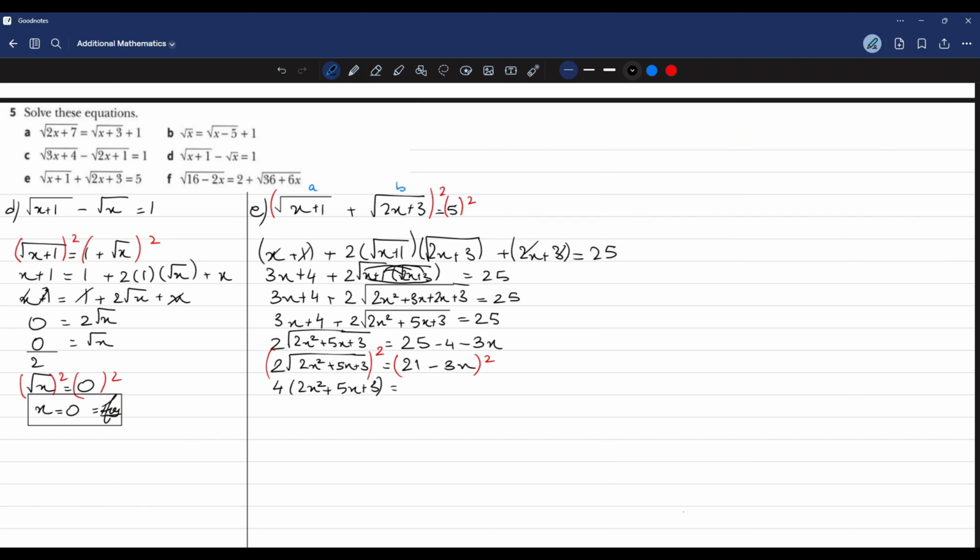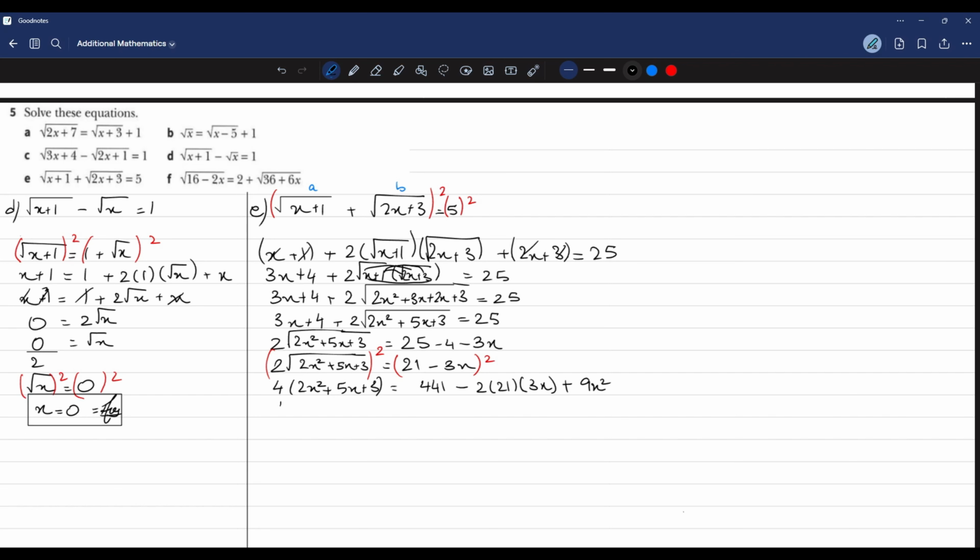So again, a squared is equal to 21 squared. What is 21 squared? Let me just put that in my calculator. 441 minus 2 multiplied by a, which is 21, multiplied by positive 3x, plus b squared is equal to 9x squared. Okay, so now you're going to simply simplify these values.